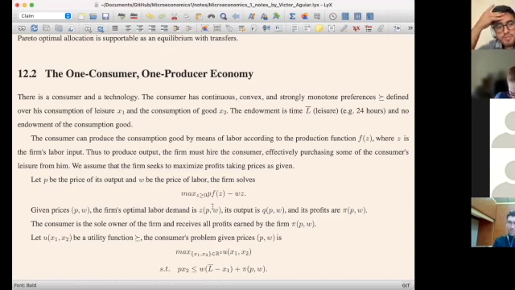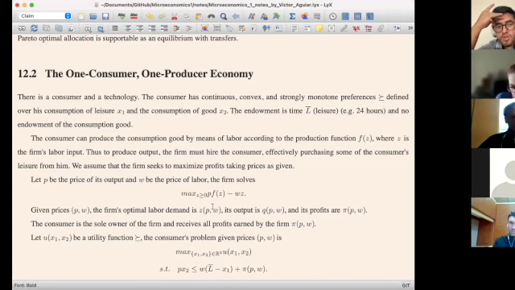Given prices P and W, the firm's optimal labor demand is going to be denoted by the function Z of P and W. It's essentially a demand function, but of inputs, right? This is the quantity of labor that you require according to the price of the output P and of the wages. The output produced by the firm is going to be denoted by the function Q, which is also a function of P and W. And these profits are pi of P and W.